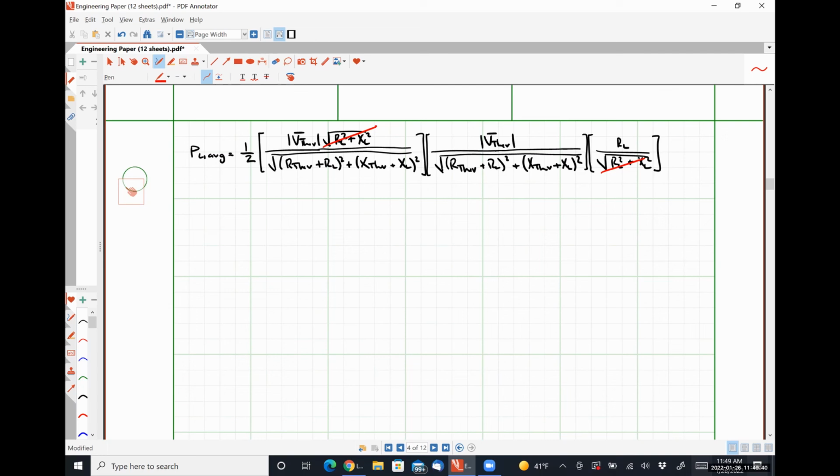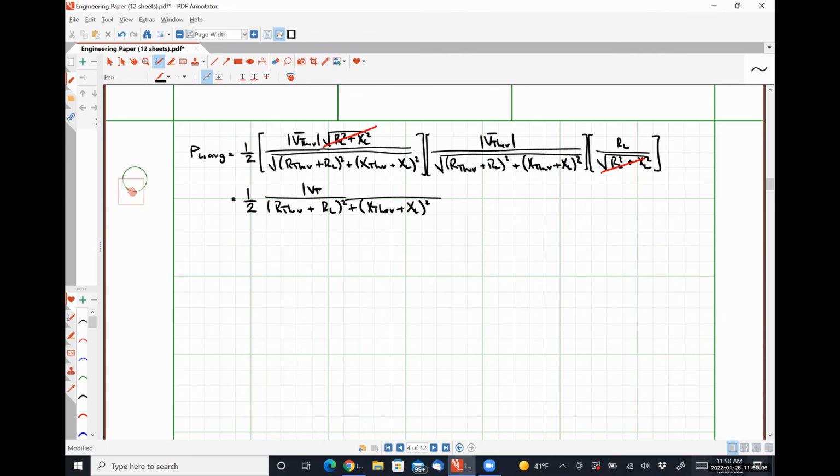And so what this leaves me with is 1/2 times (R Thevenin plus RL) quantity squared plus (X Thevenin plus XL) quantity squared in the denominator.